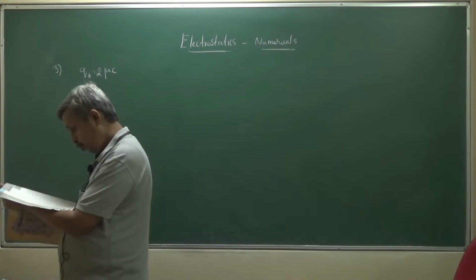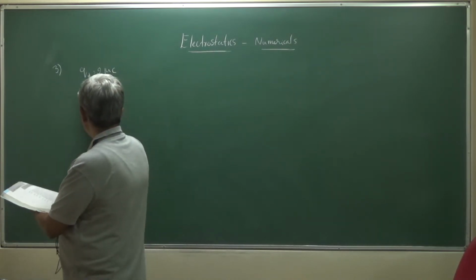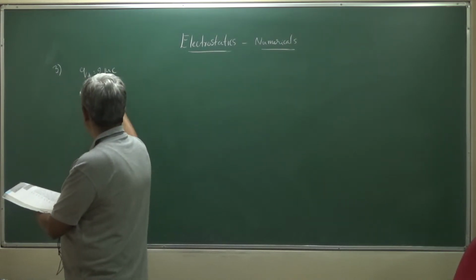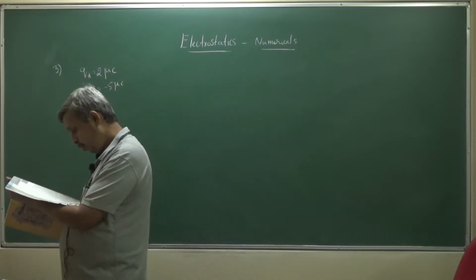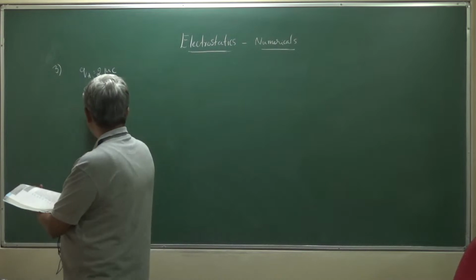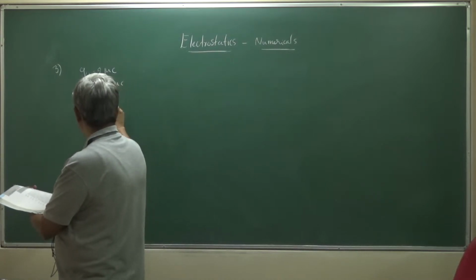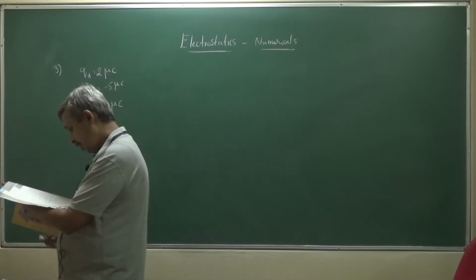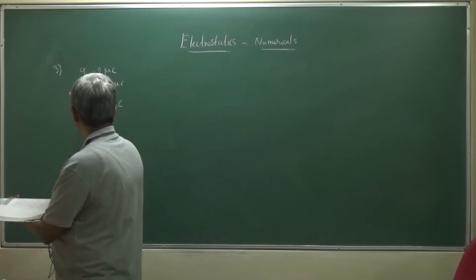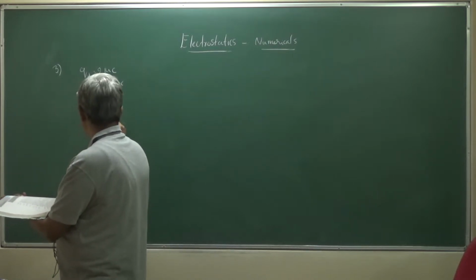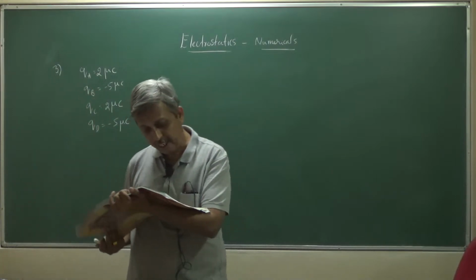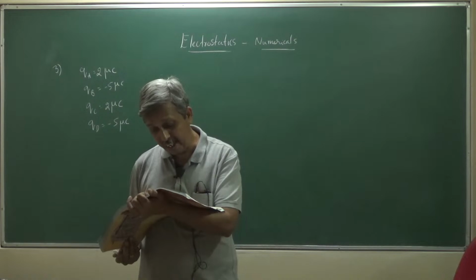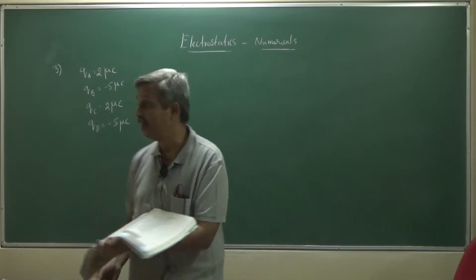QB is minus 5 microcoulombs. QC is 2 microcoulombs again. And QD is minus 5 microcoulombs. 4 charges are there. Okay. They are located at the corners of a square ABCD of side 10 centimeters.